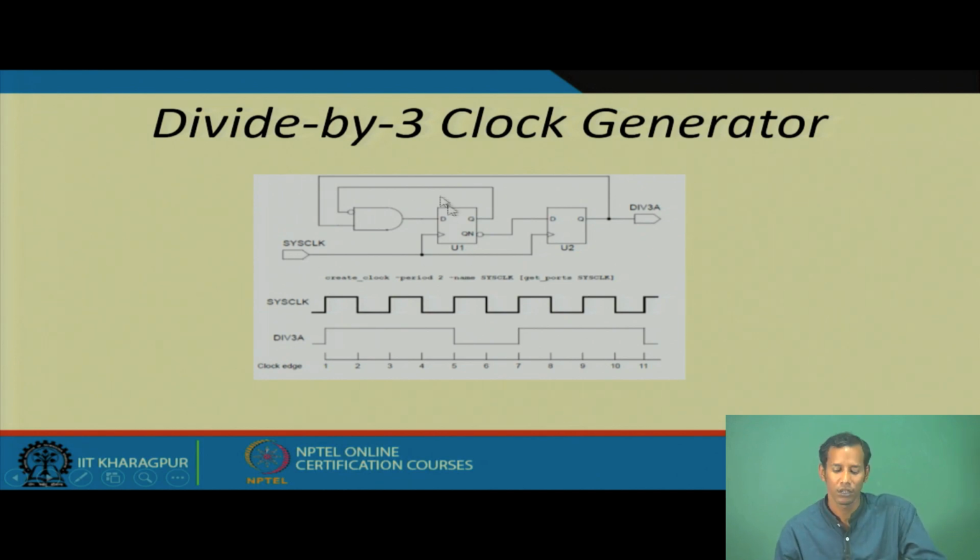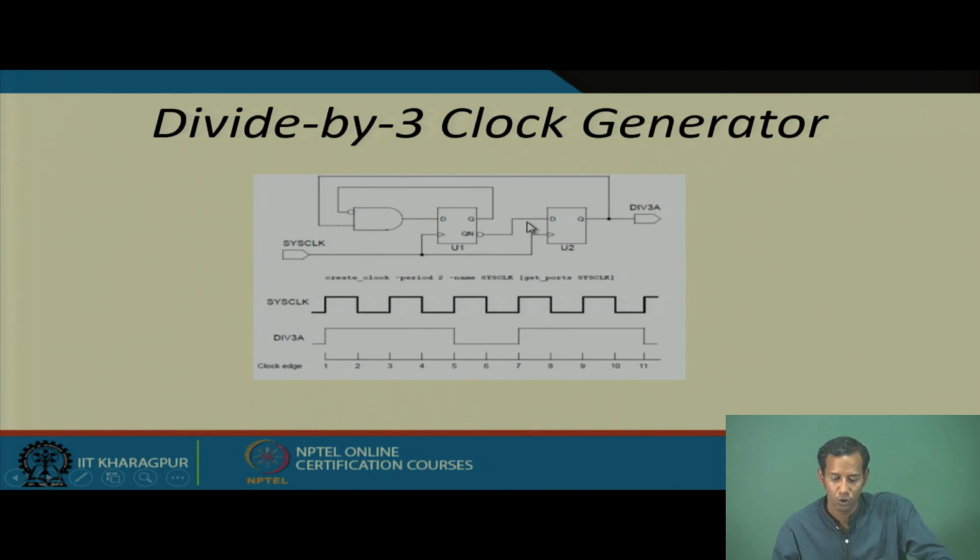Divide by 3 means we need two different registers, where the output of the first one and the output of the second flip flop are connected to a particular AND gate.